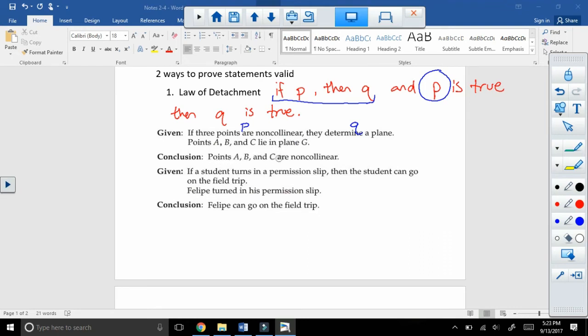Is this a valid conclusion that those points are non-collinear? And because they don't tell me that the points are non-collinear and then say they're in the plane, it kind of has this the other way around. This would match up with like the conclusion. You have the points that are in a plane. You can't go backwards and make this. So this would be invalid.